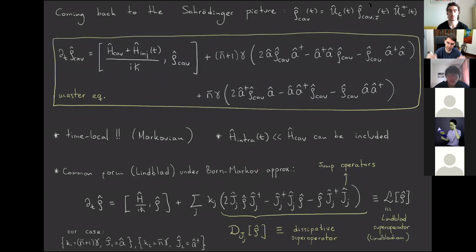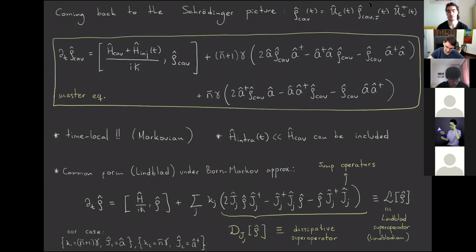At the level that we know right now, Markovian condition simply means that the coupling with the environment is independent of the frequency, okay? But whenever you have these conditions, Born and Markov, then you can always show that the system will evolve according to a master equation that has this Lindblad form, okay?